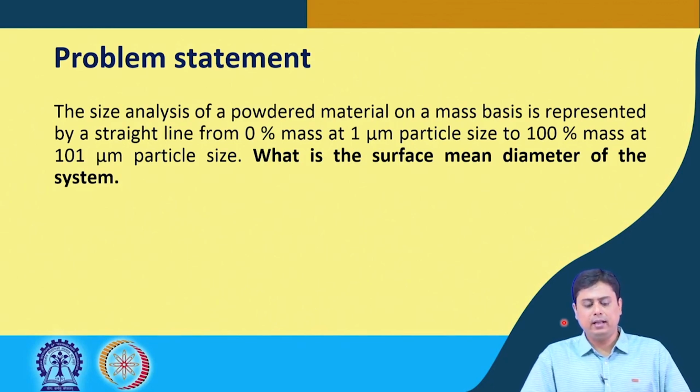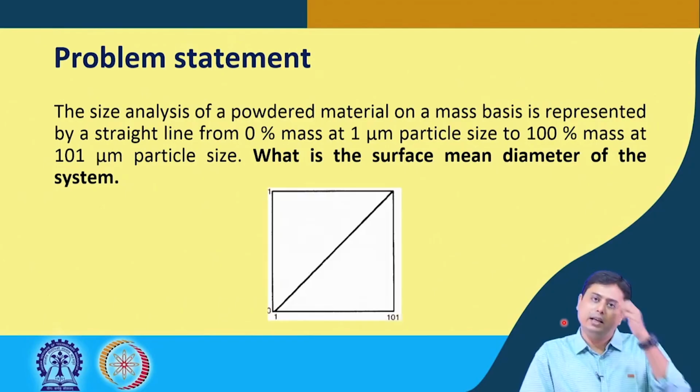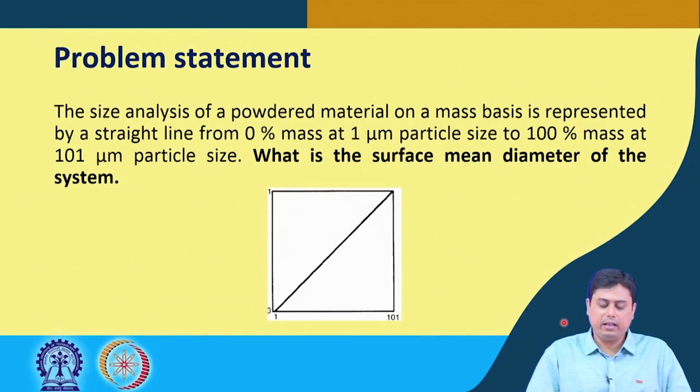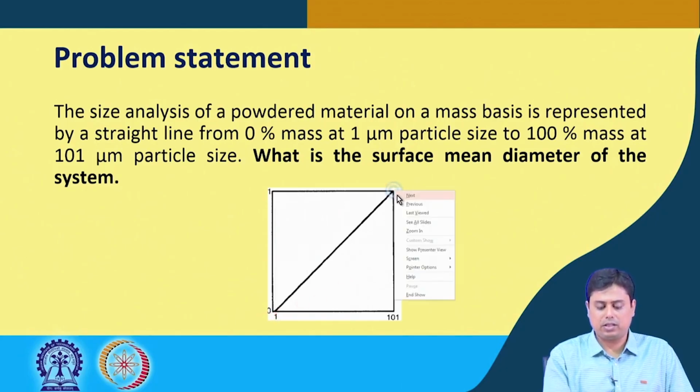As I said, you need a mental visualization of this problem. Basically, if you have a sample, you have characterized the size distribution as 0% mass at the 1 micron particle to 100% of the mass fraction at the 101 micron particle size.